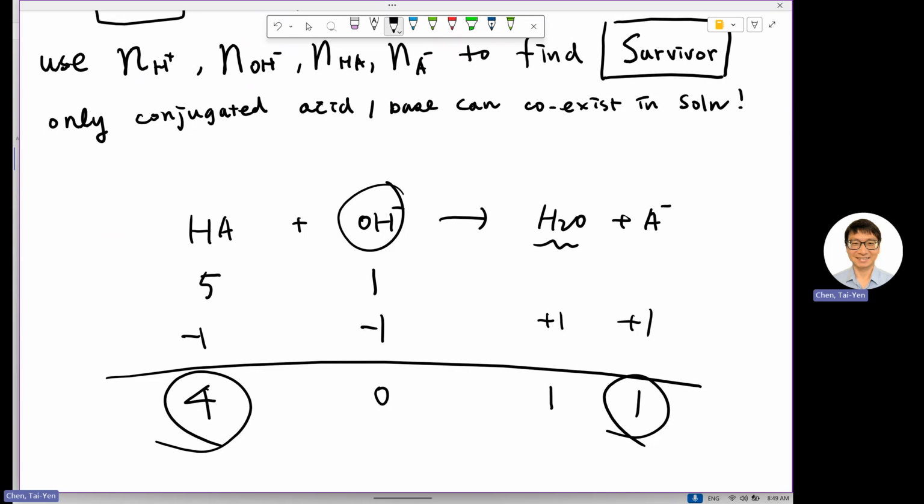You just write out the equation, then put in the numbers to see who's going to kill each other, who will survive. Whoever survives, we calculate the survivor concentration. Know what kind of solution you have, and use the equation in chapter 13 to get your answer. That is the proper logic to calculate your pH quickly and correctly.